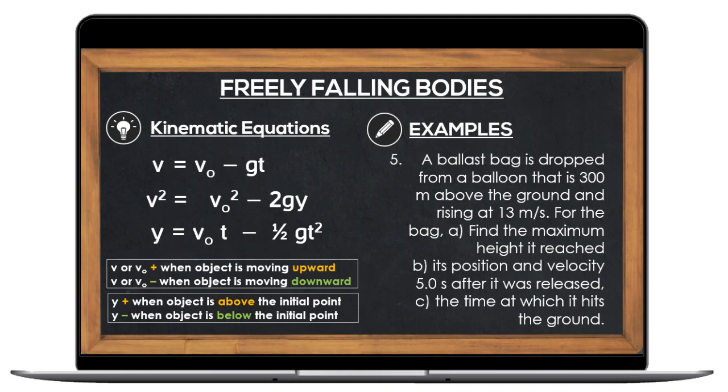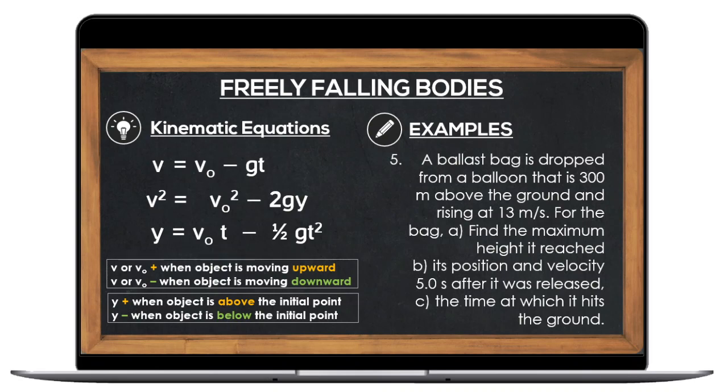When it is negative, the object is moving downward. When y is positive, it is above the initial point. When y is negative, it is below the initial point. So, that should be considered at all times. So, hindi pwedeng hindi. So, pag nagkamali tayo ng values doon, mali yung sign natin, ibig sabihin, mali yung makukuha nating sagot. So, we should always note these principles.